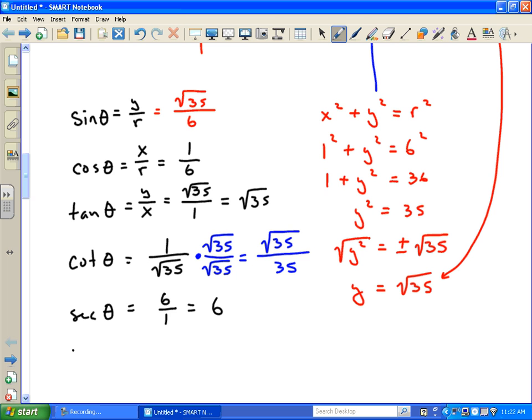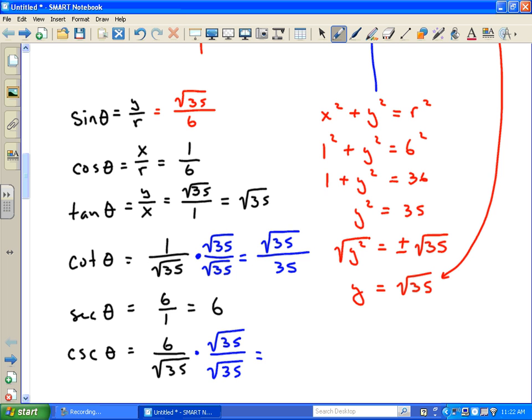And then finally, cosecant of theta. Cosecant is the reciprocal of sine. Sine was the square root of 35 over 6, and so this will be 6 over the square root of 35. That needs to be rationalized. Multiply by the square root of 35 over the square root of 35.